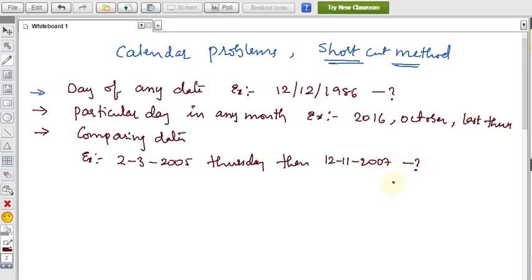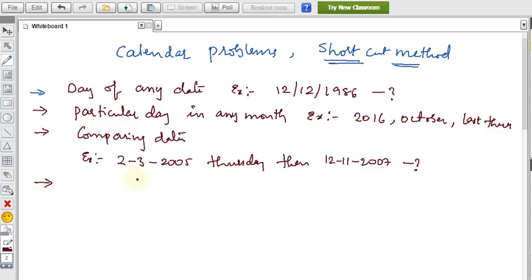This is comparing. If a particular day is Thursday, then some years later, what day is it? Here it may be exactly Thursday or not, that is secondary. But if this day is Thursday, then according to this, on which day does November 12th fall? This is the third type of questions.